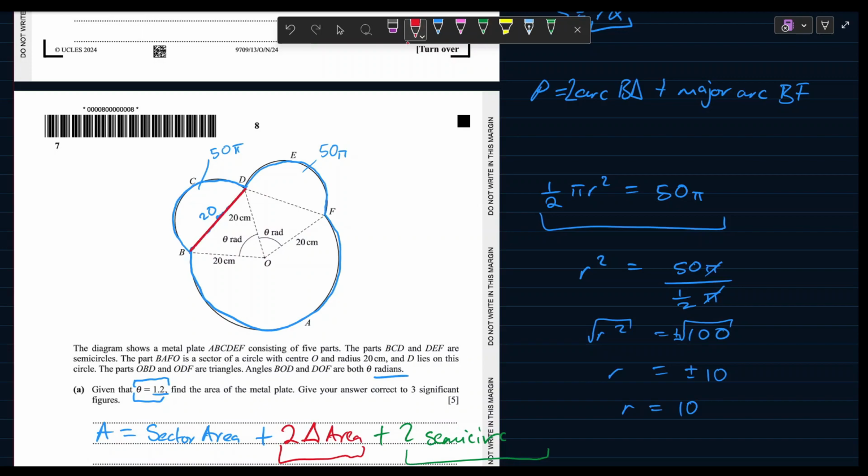Here we've got 20 centimeters. Here we've got 20 centimeters. Here we've got 20 centimeters. This will probably become crucial when we now want to find the major arc, the fact that we've got an equilateral triangle. In terms of our angles, it's going to mean that each angle is going to be a third pi, okay?